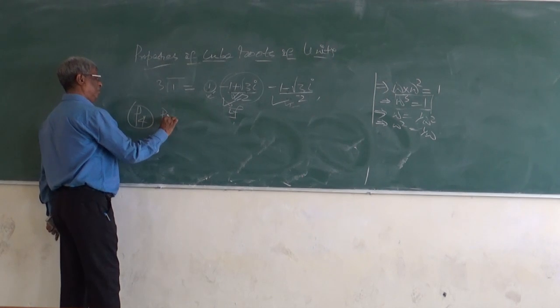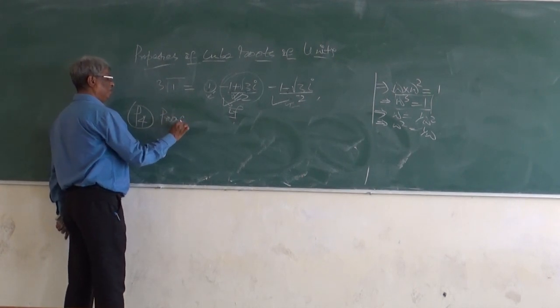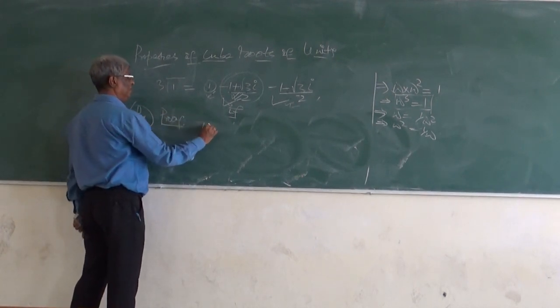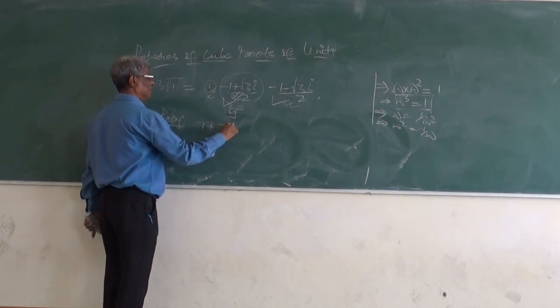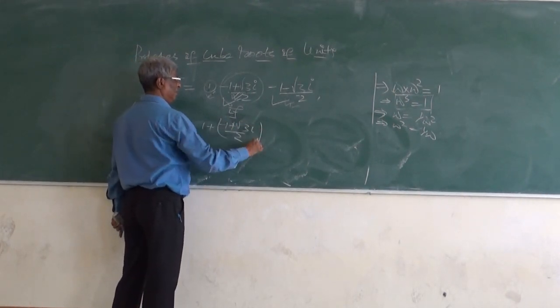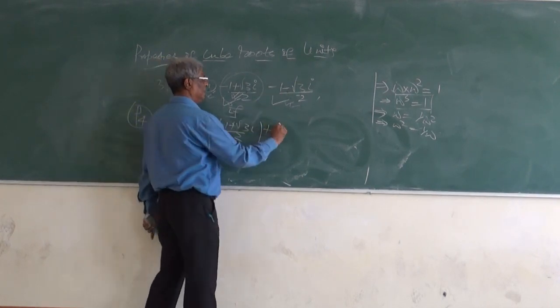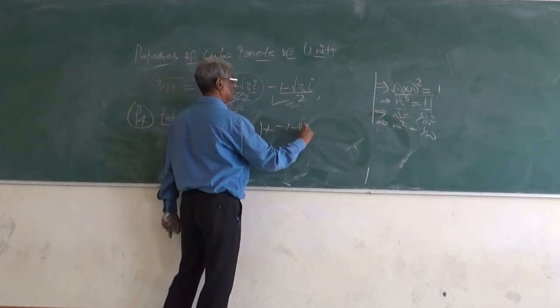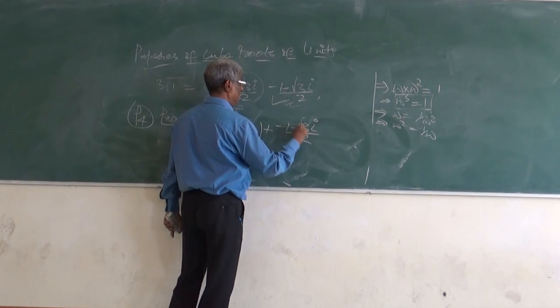And how to give its proof? You can write here 1 plus minus 1 plus root 3 iota divided by 2 plus this, minus 1 minus root 3 iota divided by 2.